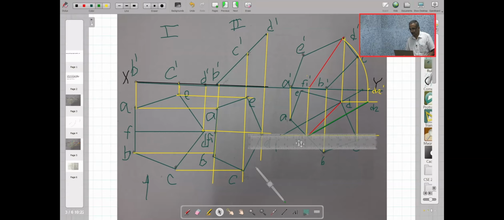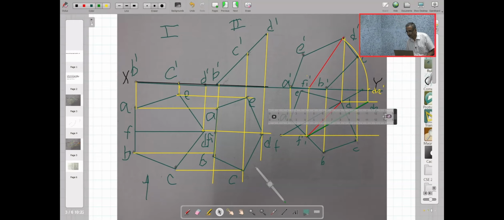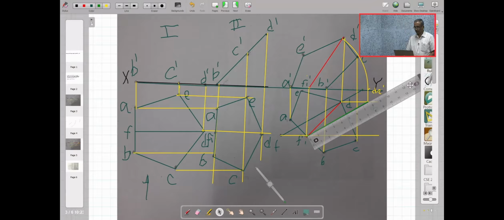Let me find out this length of F1D2 also. This is also around 75 mm. So that means I got this true length as well as true angle by using the projection of lines concept.